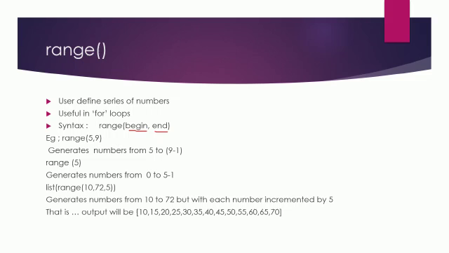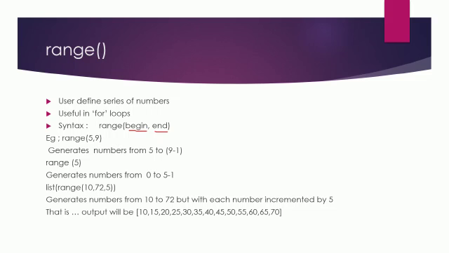So you can see the example, range of 5, 9. So this means what? 5 will be the first number. It starts from 5 and the numbers will be up to 9, but 9 will not be there. It creates numbers 5, 6, 7, 8, only up to 8, not 9.